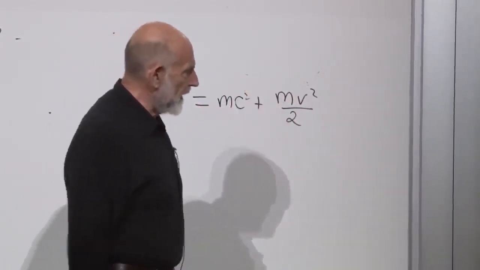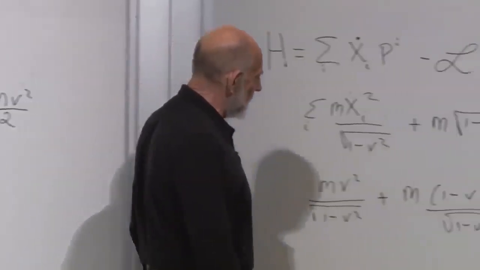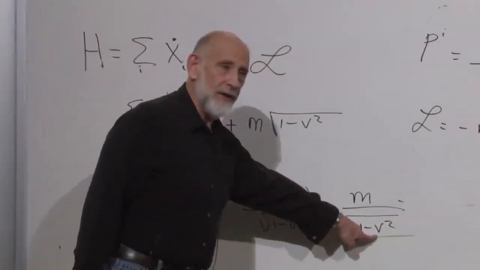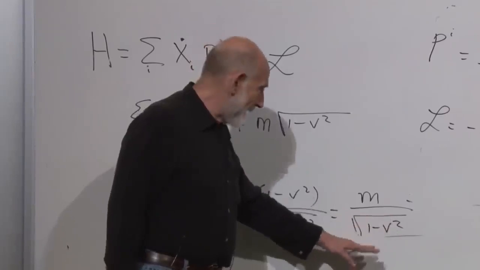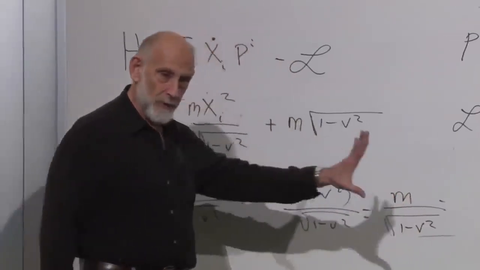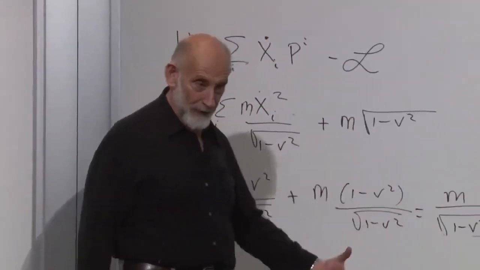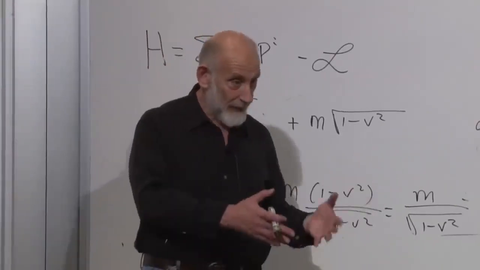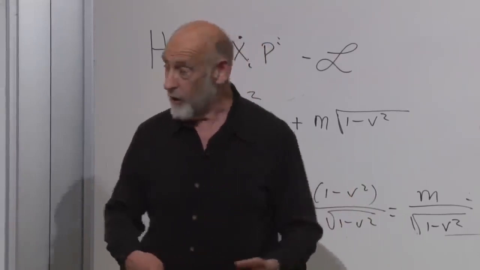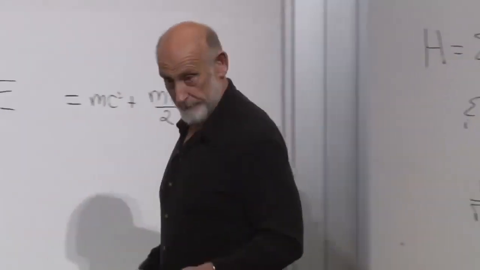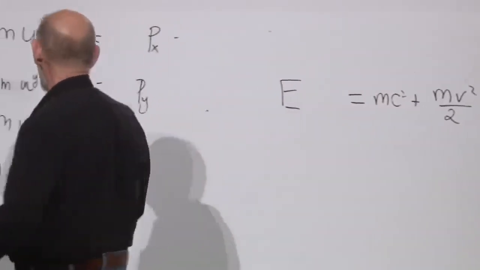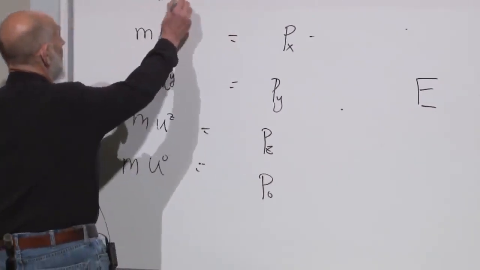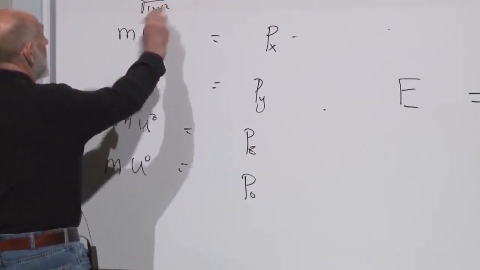But it's perfectly finite. On the other hand, if I plug it into this formula, v goes to 1. The kinetic energy of an object moving with close to the speed of light becomes infinite. That's another way to see that you can never get up, because it would take an infinite energy to get up to the speed of light. Also an infinite momentum. These u's also are v's divided by square root of 1 minus v squared.